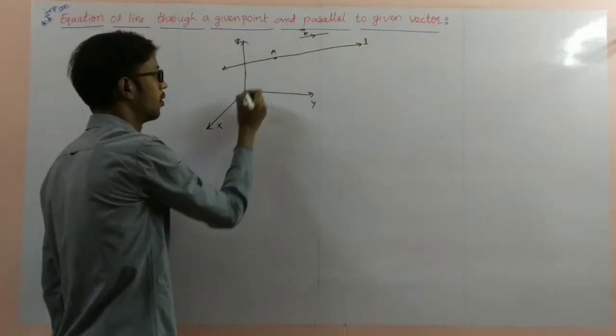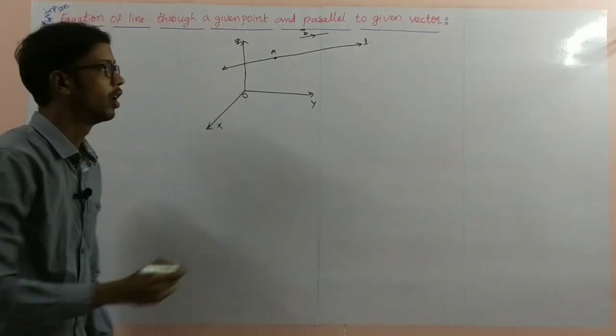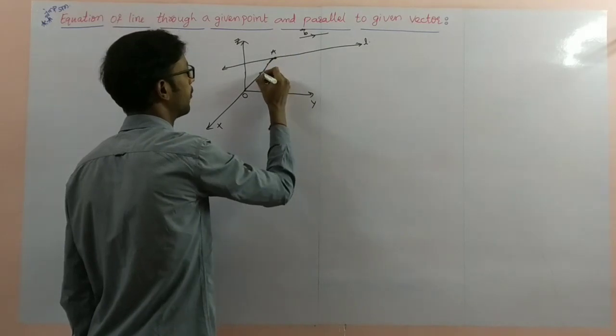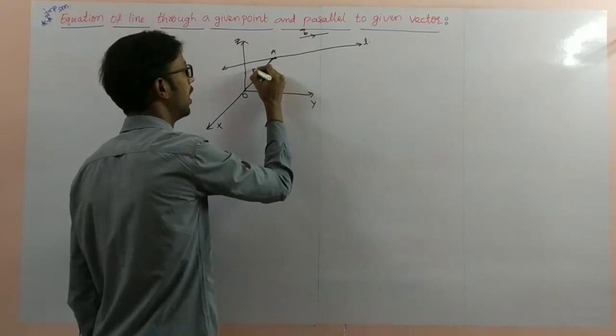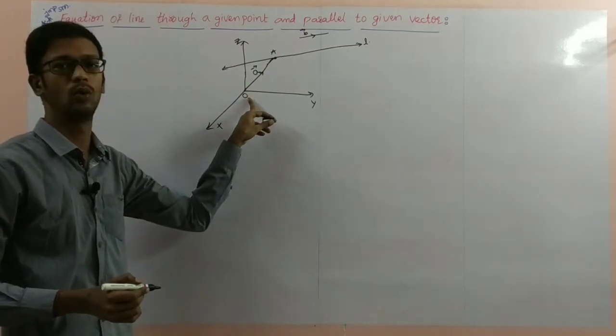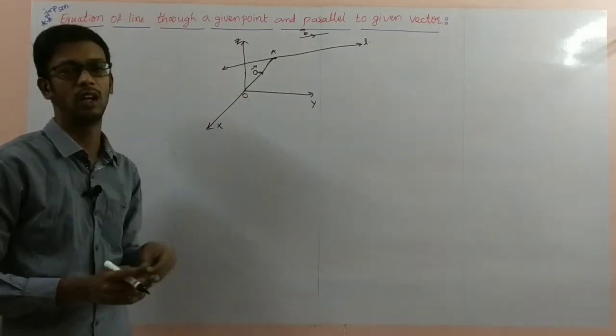Now this one is O. If you join OA, this is the A bar, the position vector of A with respect to O. OA bar equals A bar.